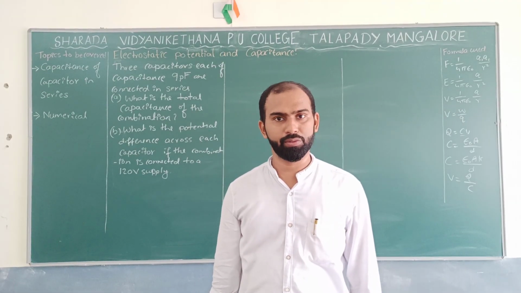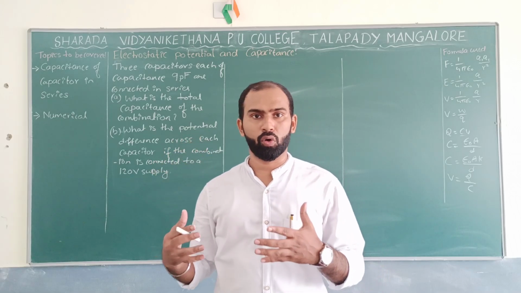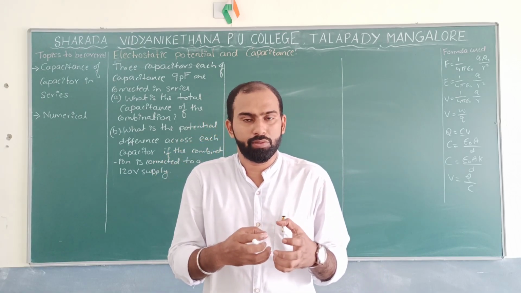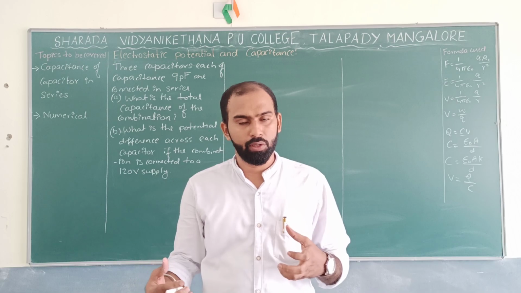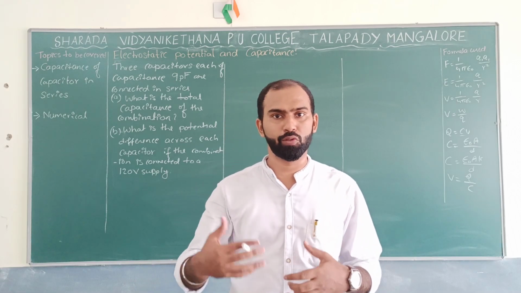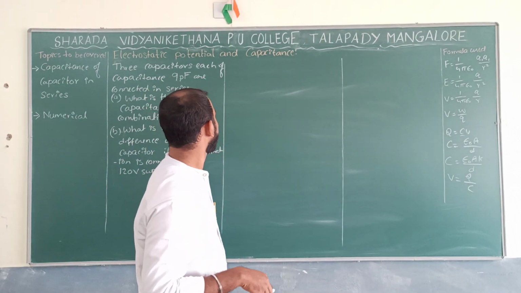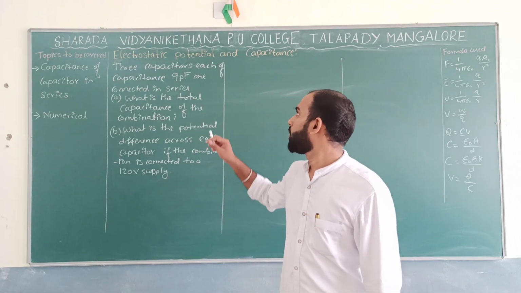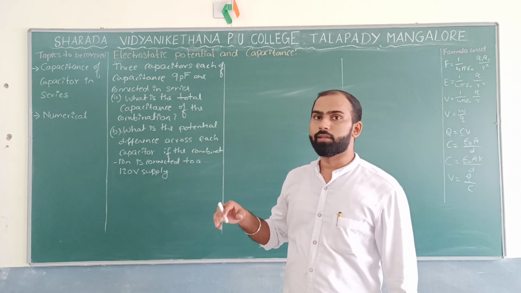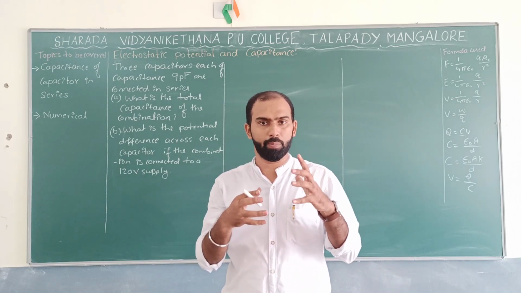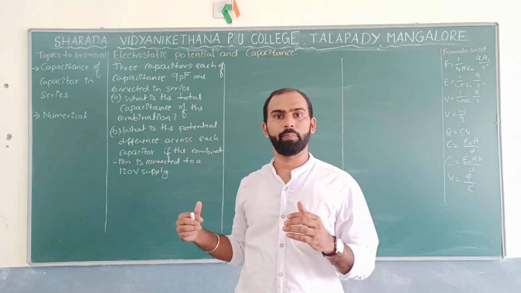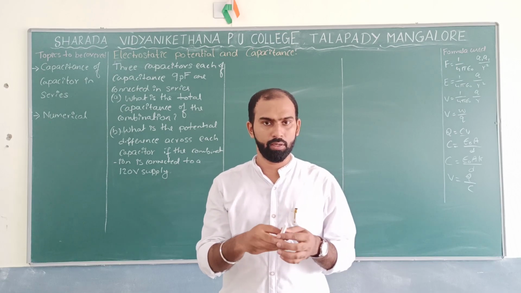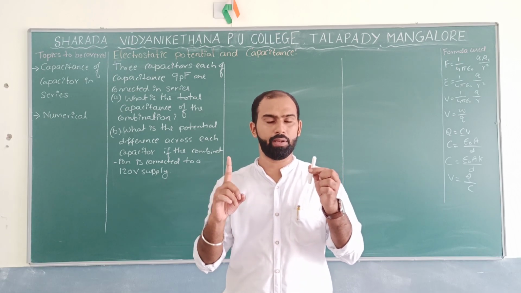So far we have discussed the concept of capacitance of capacitors in series. Related to this particular concept, we will solve one easy numerical that can enter your mind easily. There are 3 capacitors, 1, 2, 3, in series.